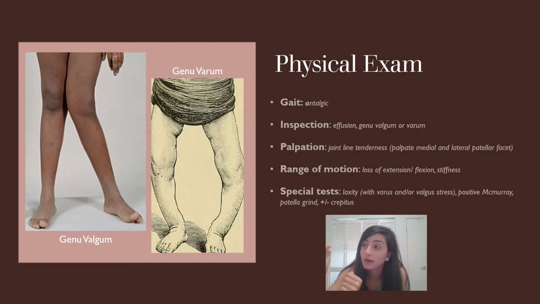You'll extend and flex the knee gently so that you can feel where that joint space, that joint line, is, and palpate right there and see if you can elicit pain. It's also important to palpate right above and right below so that you really ask the patient, is the pain coming from the joint space or is it coming from the surrounding ligaments or musculature? So palpate the joint line.